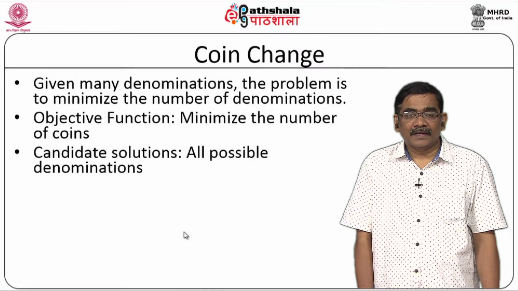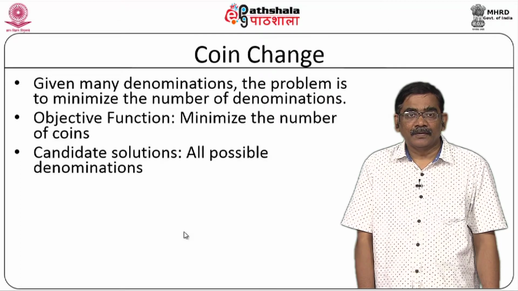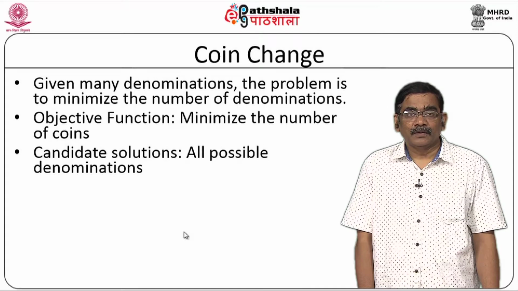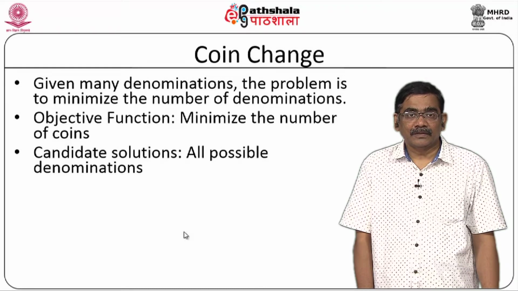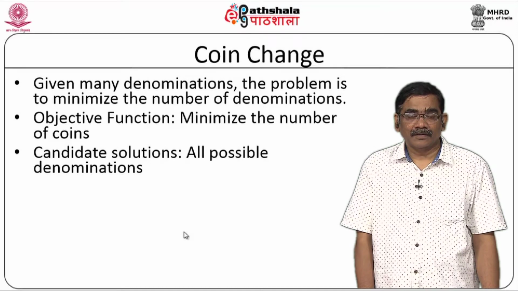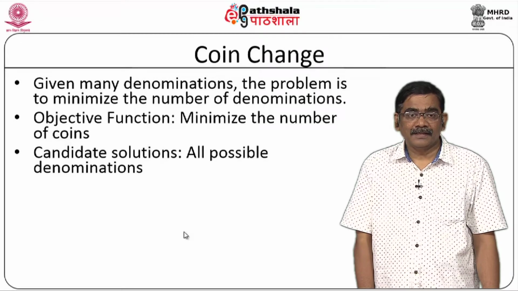Then what are the candidate solutions? I can solve this problem using multiple combinations. I can give 273 one rupee coins. This is one solution. Like that, I can solve that request in multiple ways.